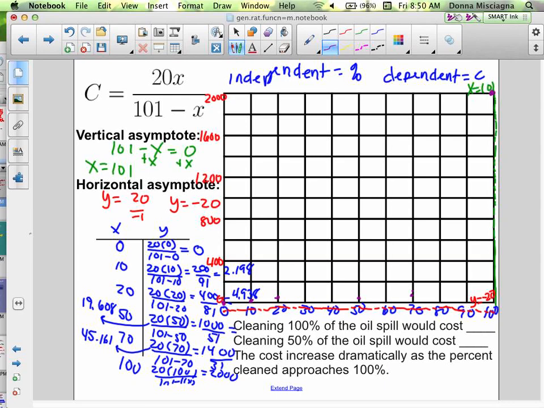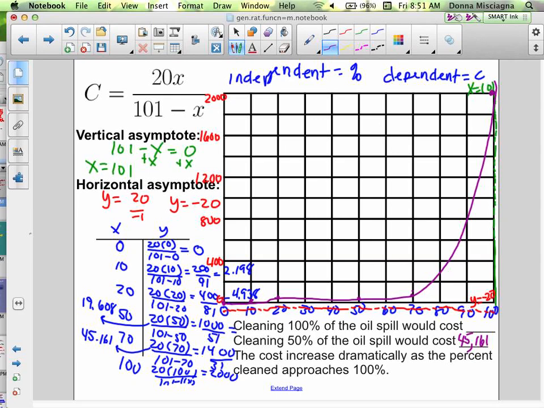All right, so let's take a look at our graph here. It's a pretty steep curve there at the end. Let's fill in the blanks here, and let's actually put in the actual cost rather than how many thousands of dollars. So let's fill up 50%. Cleaning 50%, we had 45.161. That's thousands, right? So that's $45,161.